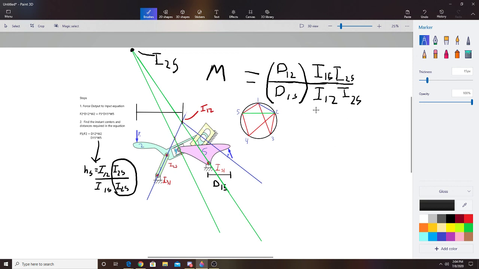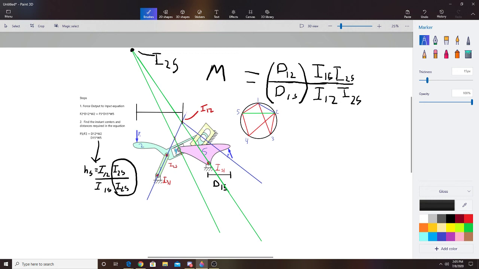So if you plug all of this in, it would be D12 times this essentially. So D12, which we found as 2.25, so 2.25 times, what was I15, I25? 6 7/8, so 6.875.